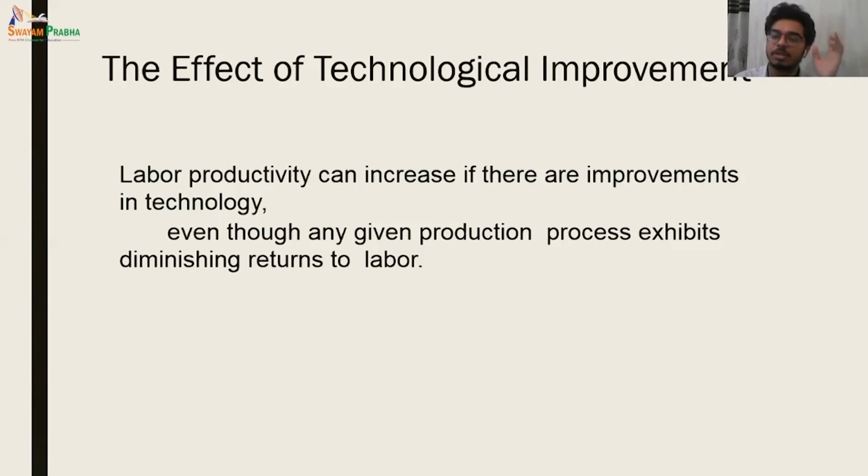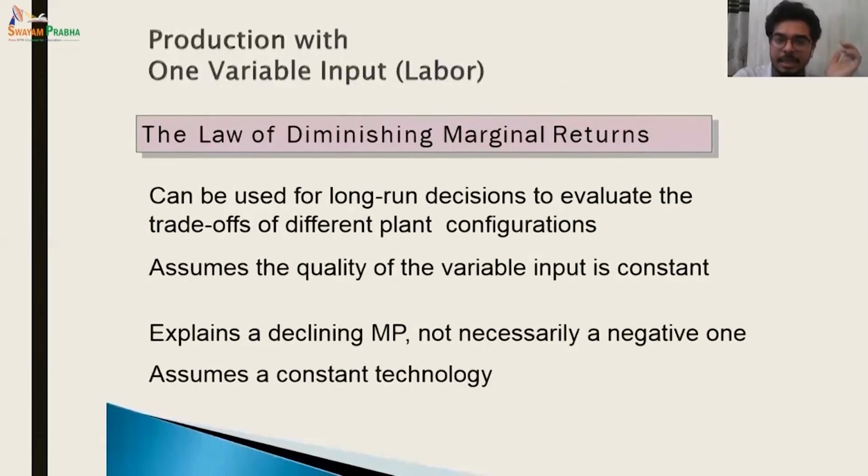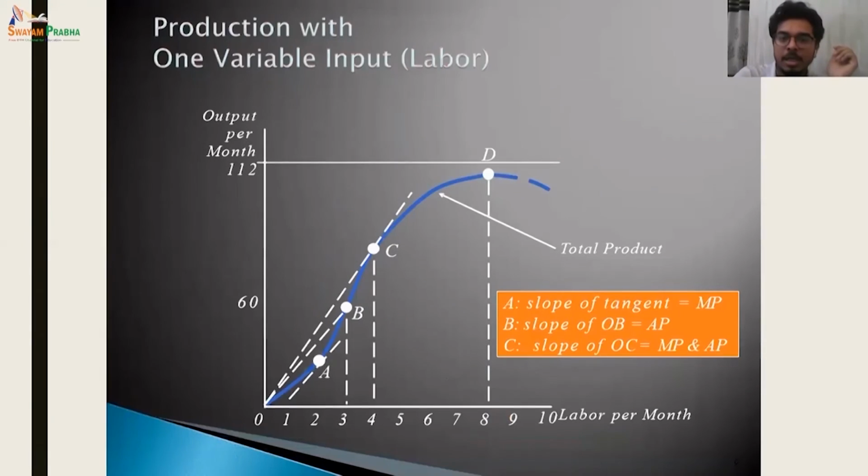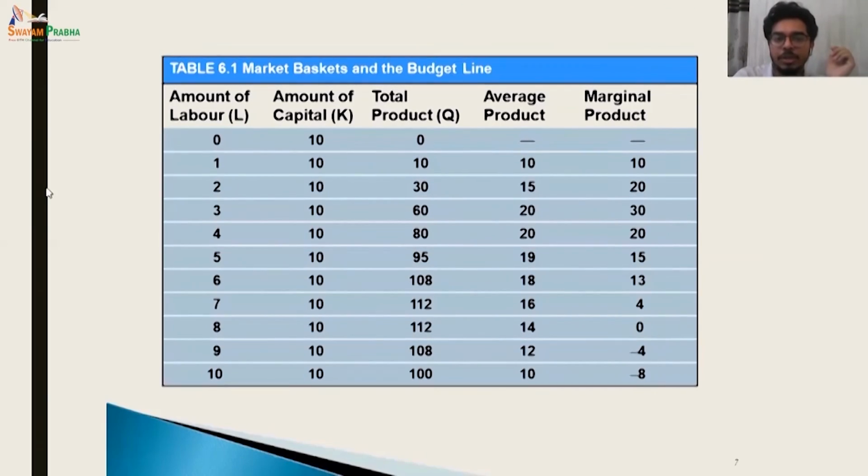Just a crude example: with 3 laborers you are manufacturing 60 units, but with 6 laborers you are not manufacturing 120 units, you are manufacturing 108, right? So from here to here, it is a diminishing return to scale.